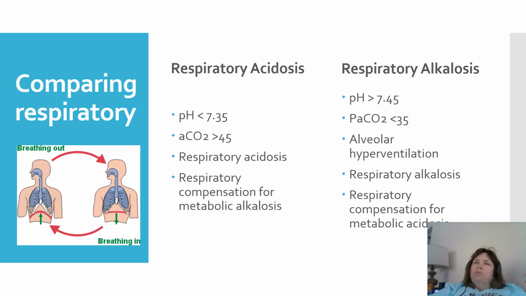Respiratory alkalosis, my pH is greater than 7.45. My PaCO2 is less than 35. And what I will get is hyperventilation sometimes with that. My patient is blowing off their CO2. It's called respiratory alkalosis, or it could be the respiratory system compensating for metabolic acidosis.